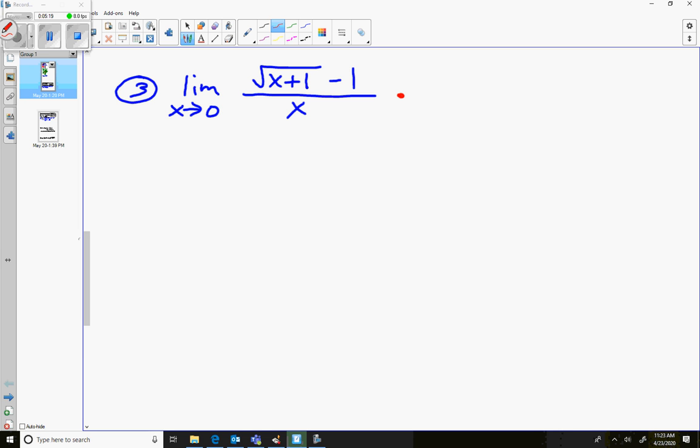So we're going to multiply by the conjugate, which is the same two terms, but you change the sign in the middle. So it's going to be the square root of x plus 1 plus 1. Now that's only legal if what you do to the numerator, you also do to the denominator.